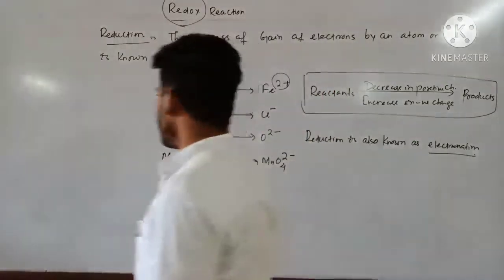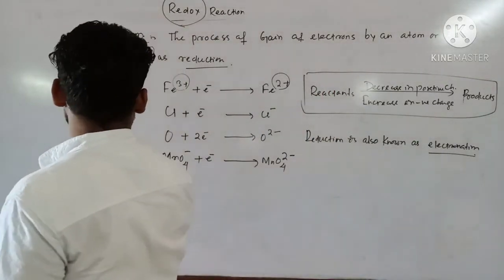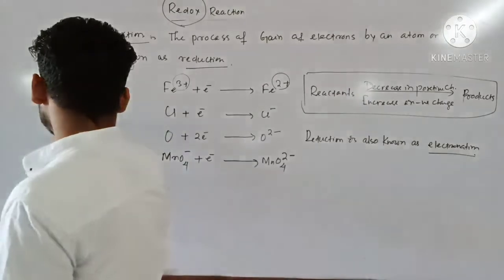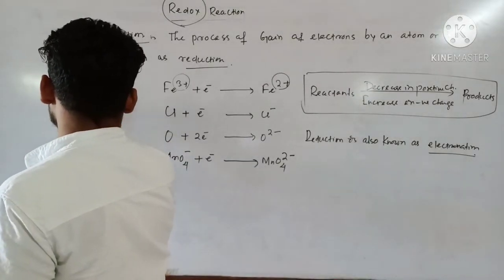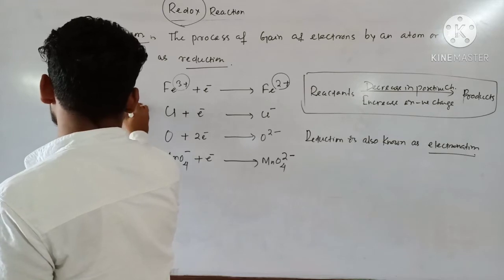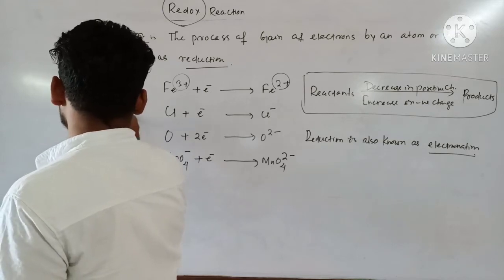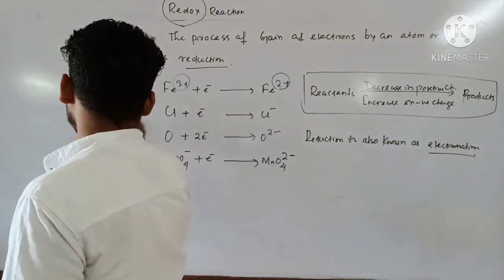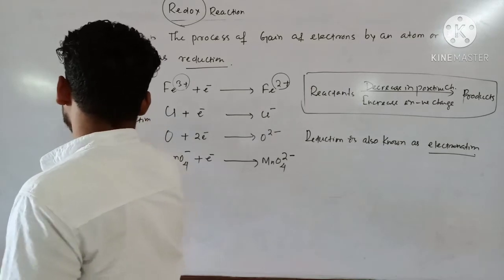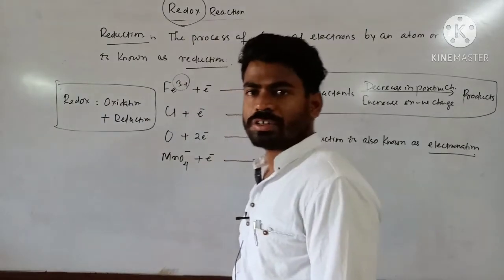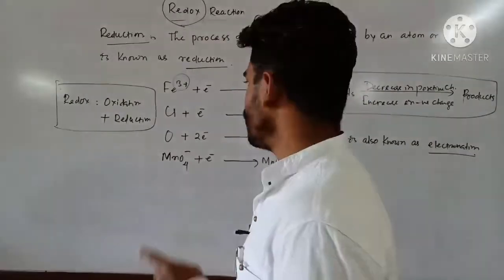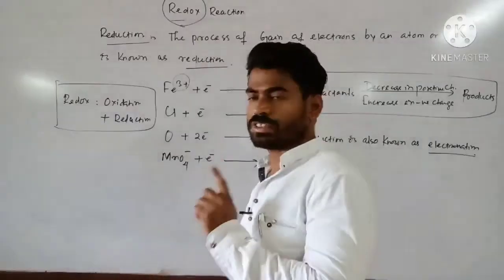So right now, what do you mean by redox reaction? Redox, if I split this word into two parts: OX stands for oxidation plus RED, reduction. So combinedly the term is known as redox reaction. Redox reaction means the reaction in which both oxidation and reduction take place simultaneously.